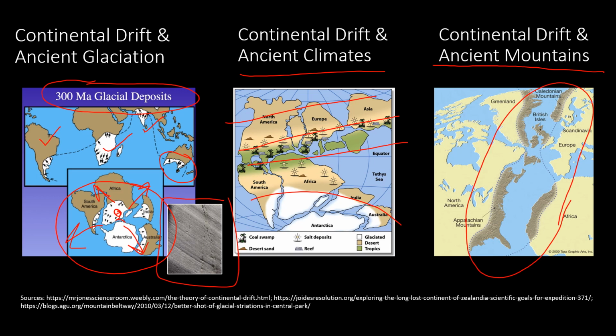But when Wegener reconstructed Pangaea, he noticed that these separate mountain ranges, in fact, would have represented a long, continuous mountain range that ran right down through the middle of Pangaea. So to summarize then, all of these different data sets can be nicely and elegantly explained in terms of moving continents, including ancient glaciation, ancient climate, and ancient mountain ranges.